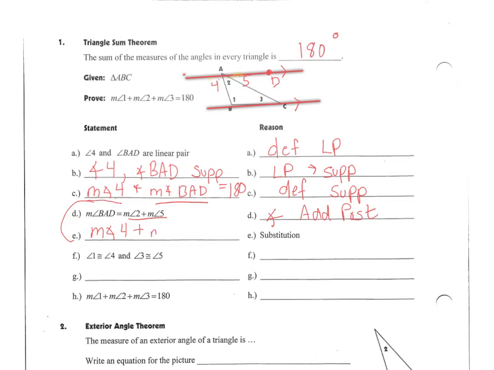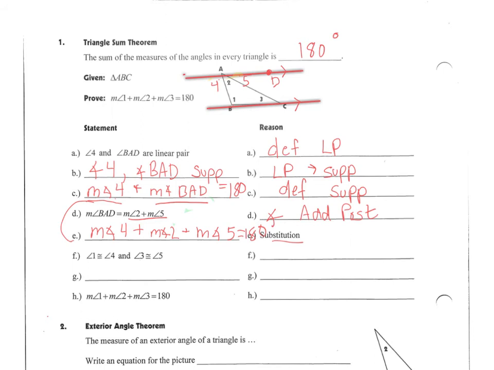So I'm going to substitute in the measure of angle 2 and the measure of angle 5, and that's going to equal 180, by substitution. So basically I took the measure of angle BAD and broke it down into its two parts, the measure of angle 2 and the measure of angle 5.